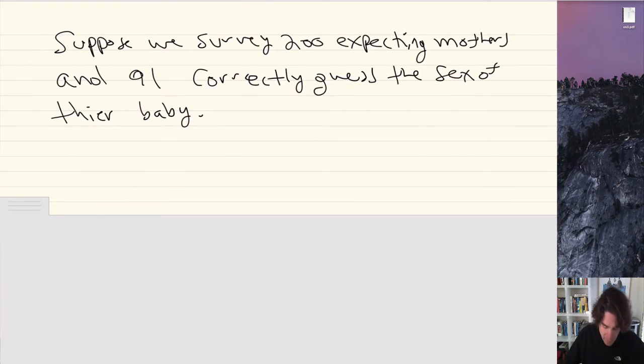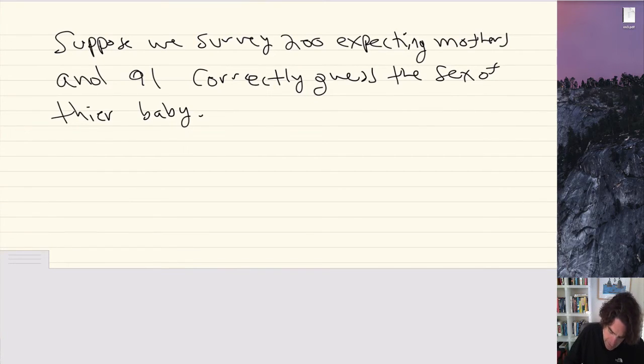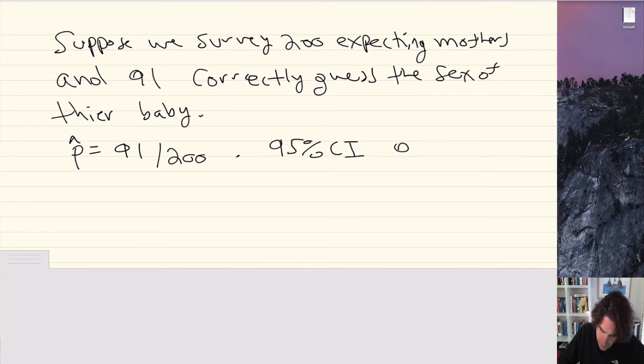So p hat, the sample proportion, is 91 out of 200. A 95% confidence interval is 0.39 to 0.53.